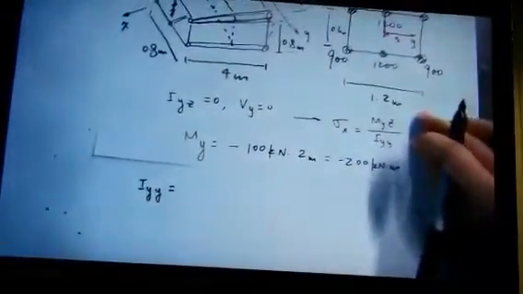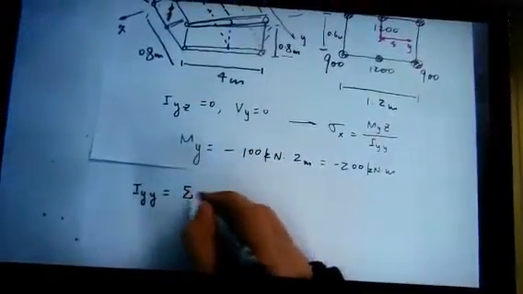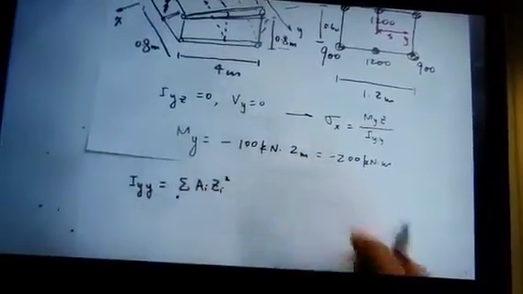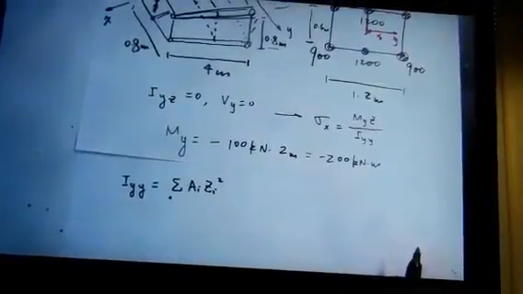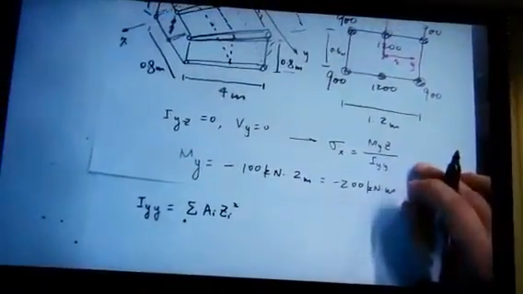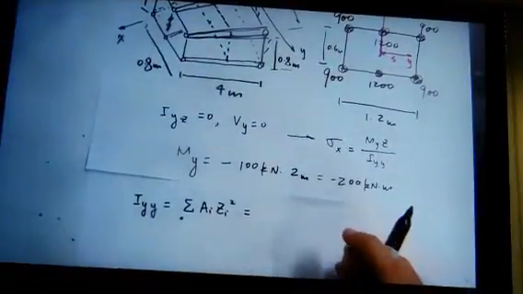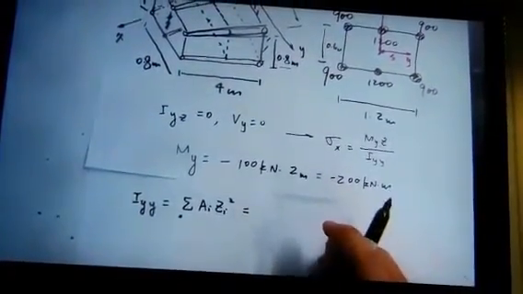For this cross-section Iyy, again we use the formula, the sum of A_i z_i squared, where i is the index of the boom. We have 6 boom areas for this cross-section. So we use the coordinates of each boom area and the area of each boom area. You can calculate it.